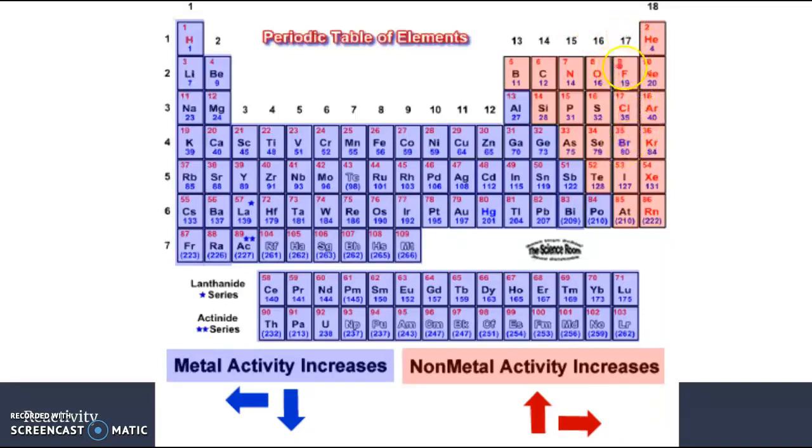Oh, wait, I said that wrong. Fluorine is more reactive than bromine. Fluorine is like super reactive. It likes everything. So as you go to the right and as you come up, it is more reactive. So think of fluorine as being the most reactive. So oxygen would be less reactive than fluorine.